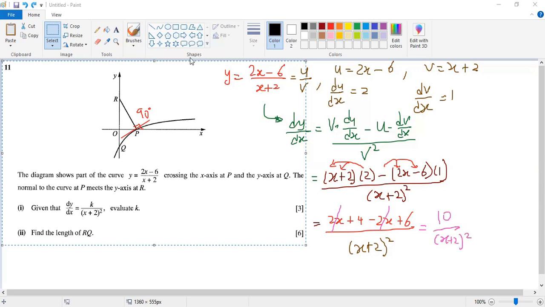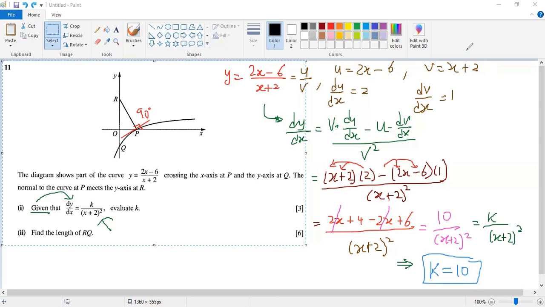So we compare it with the given one. It's given that dy/dx is k over x plus 2 squared. Comparing the numerator, because the denominator is the same, k is equal to 10.